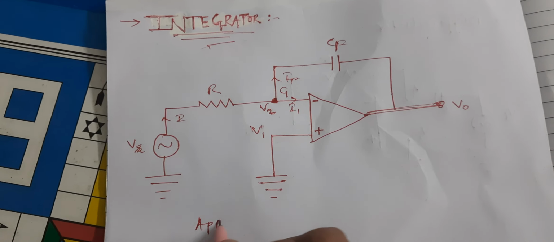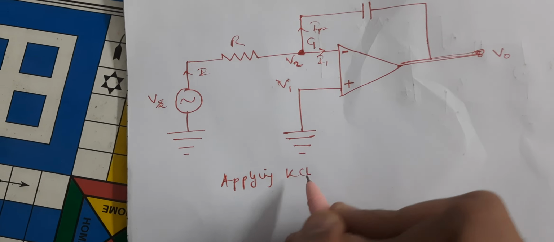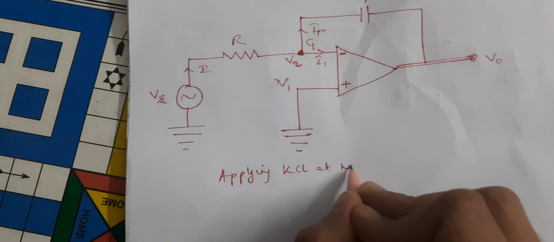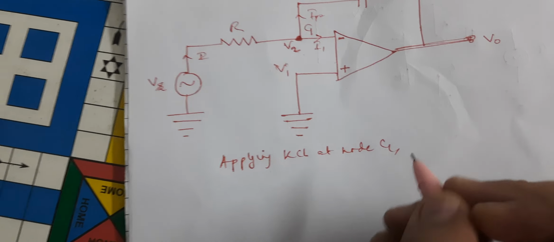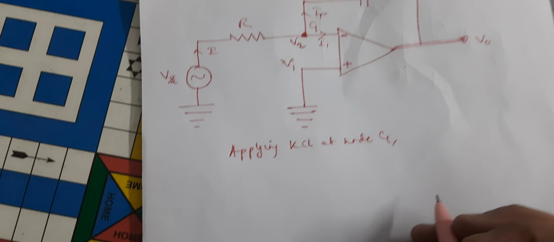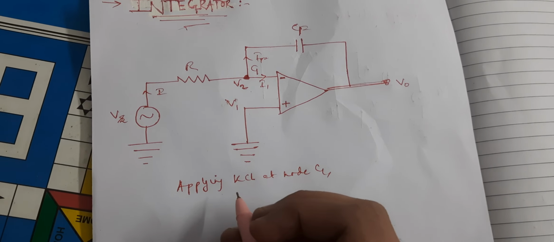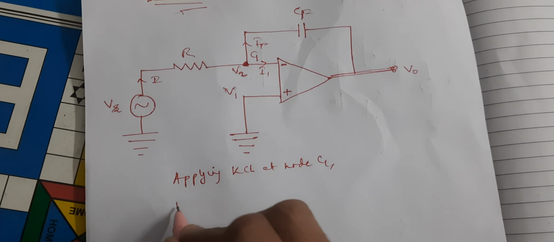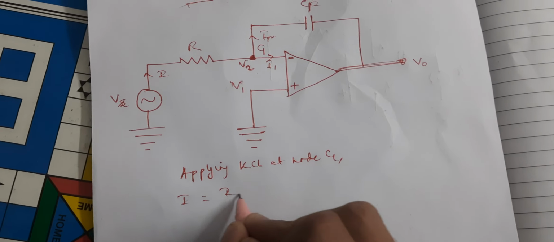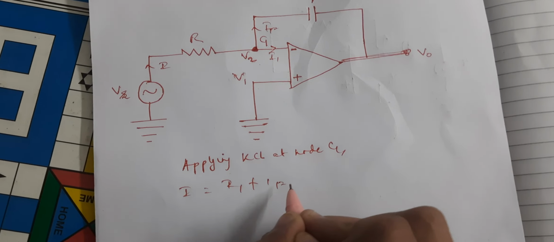Applying KCL at node G, we get I is equal to I1 plus IF.